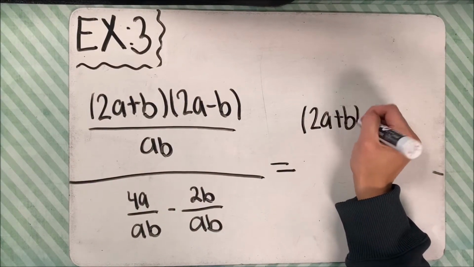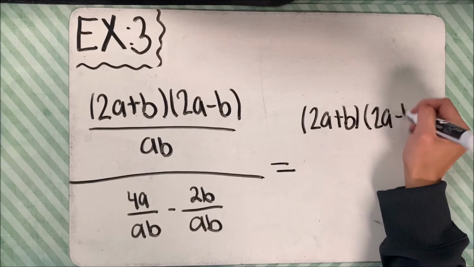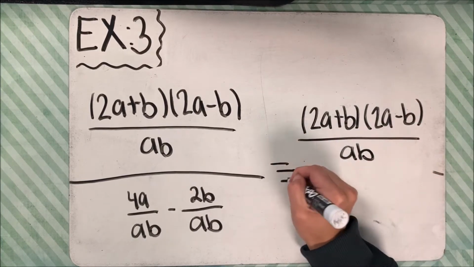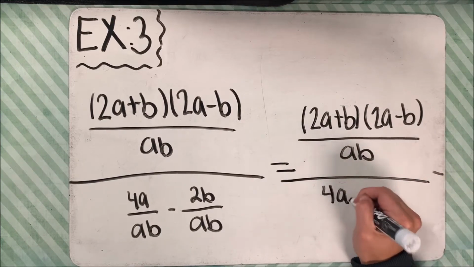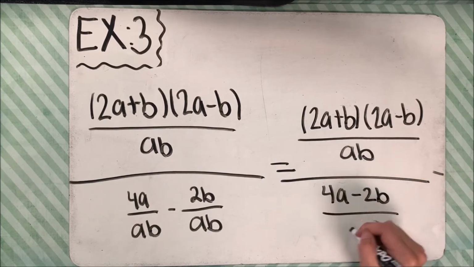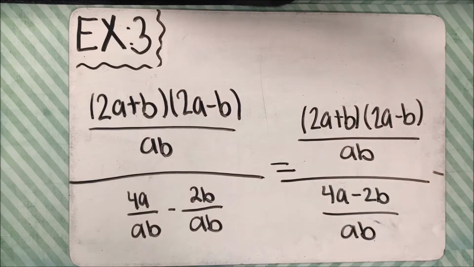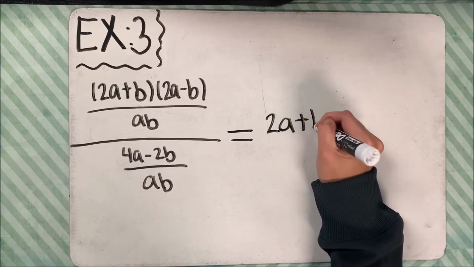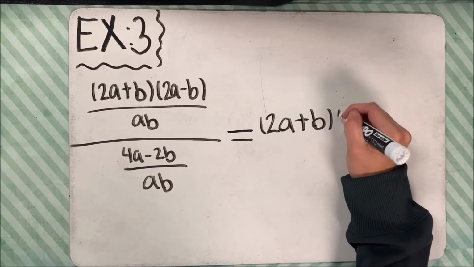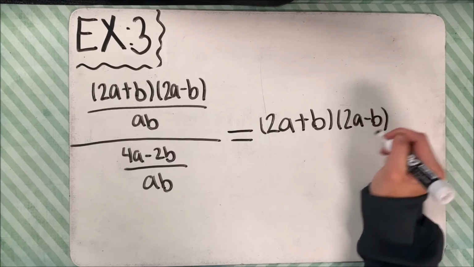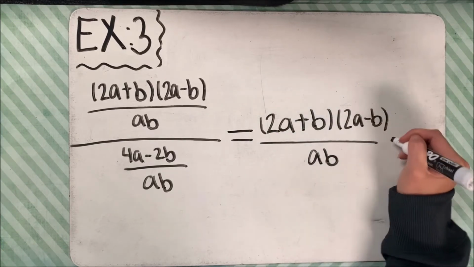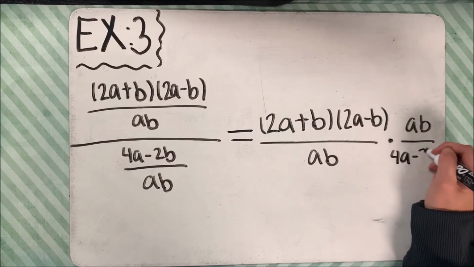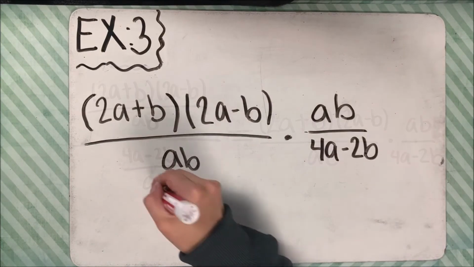2a plus b times 2a minus b over ab over 4a minus 2b over ab, since those two have the same denominators. You could rewrite this into 2a plus b times 2a minus b over ab times ab over 4a minus 2b, which is multiplying by the reciprocal.